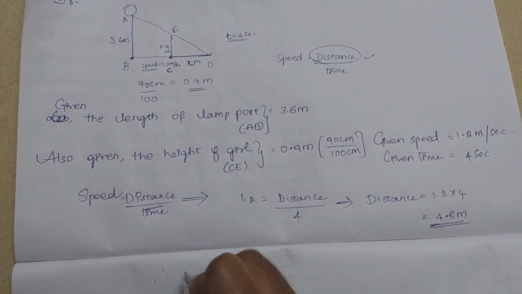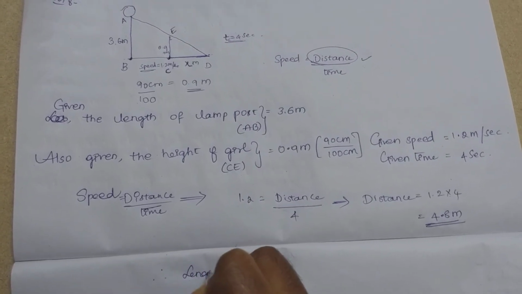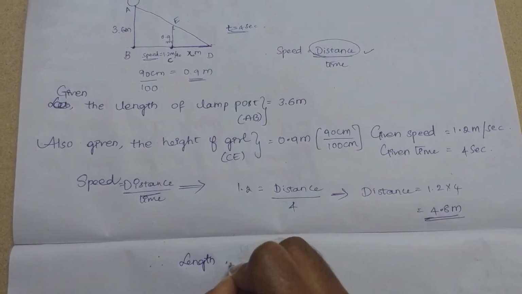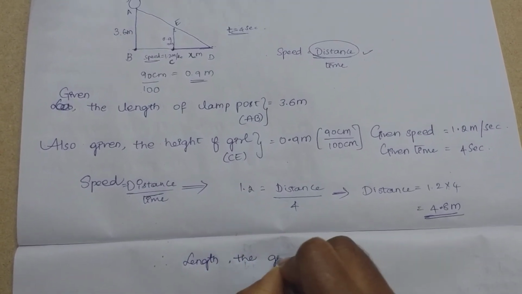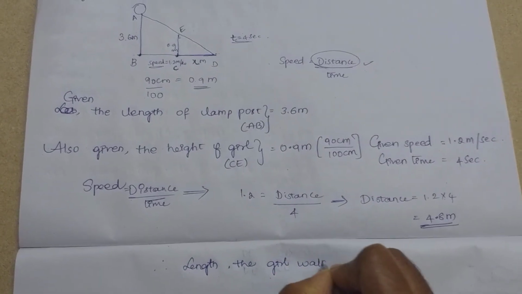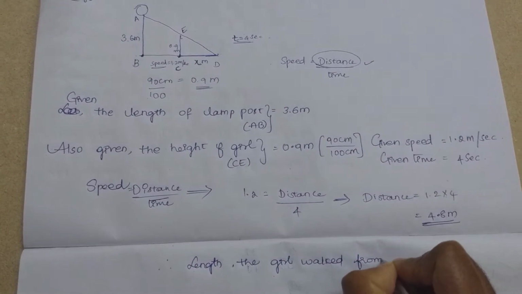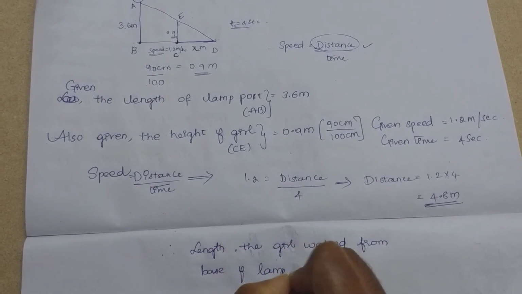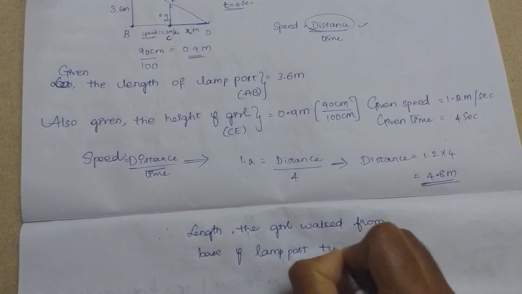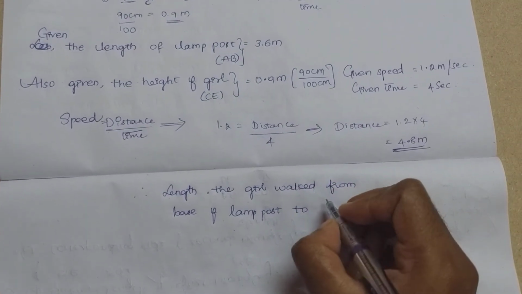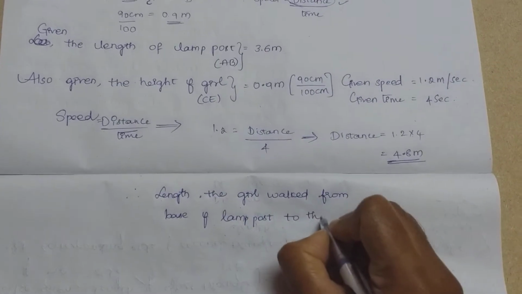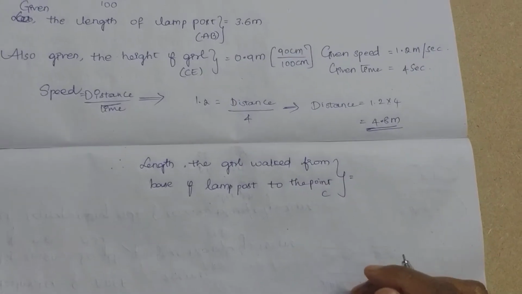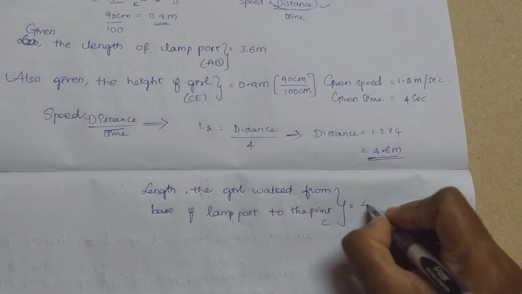Therefore, the length the girl walked from the base of the lamp post to the point C is 4.8 meters.